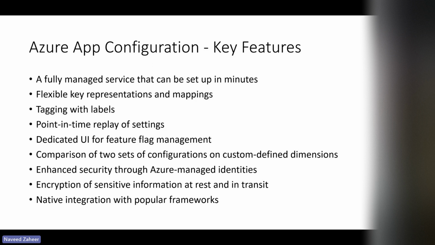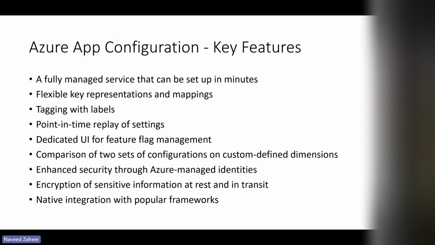And one key thing is secrets are still stored in Key Vault. If you have some sensitive data that you still want to store in Key Vault, you can do it. It provides you the capability of accessing it through Key Vault, so that it doesn't take away that capability from you.